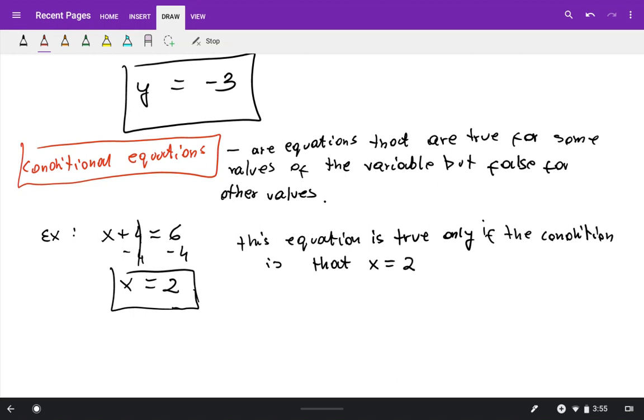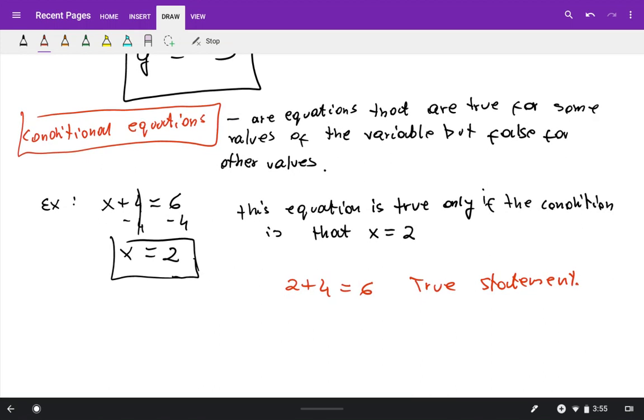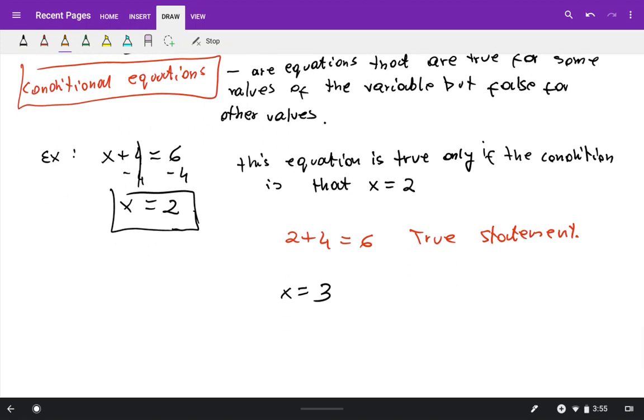I'm going to substitute x with 2. So we have 2 plus 4 equals 6. And this is definitely a true statement. So everything we solved before was a conditional equation. This equation is not true for a different value of the variable. So for example, if I make x equal 3, that statement won't be true, because if I substitute 3 into my original equation, I'm getting 3 plus 4 equals 6. This is not true.